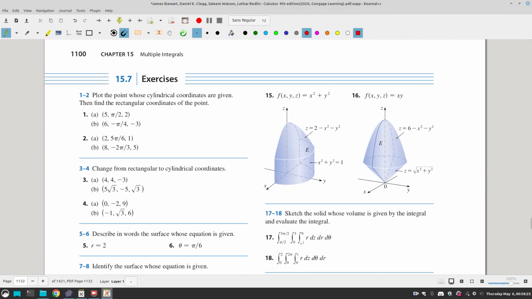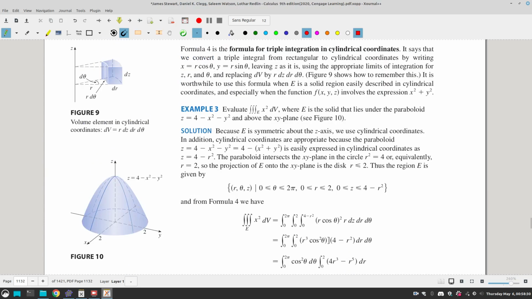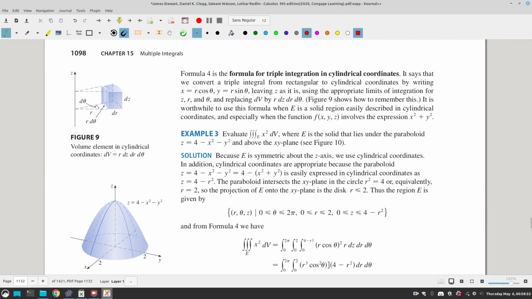There are plenty of examples of cylindrical coordinates, but let's do this one example where we are to evaluate the integral of x square dV, where E is the solid that lies under the paraboloid z equals 4 minus x square minus y square and above the xy plane.